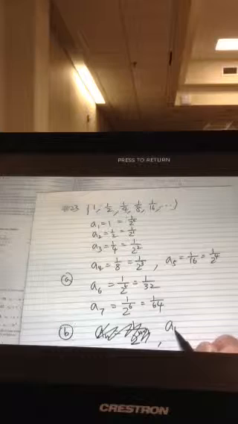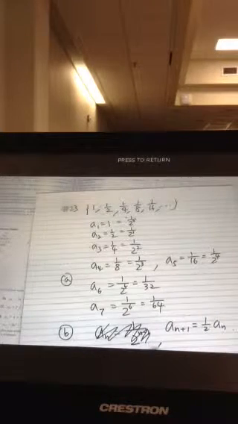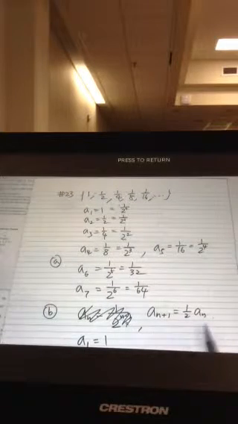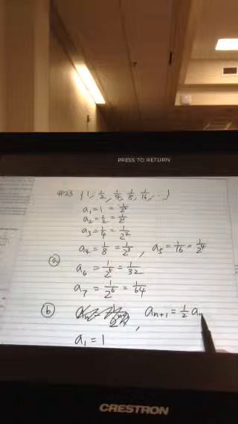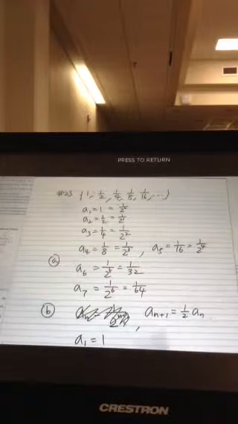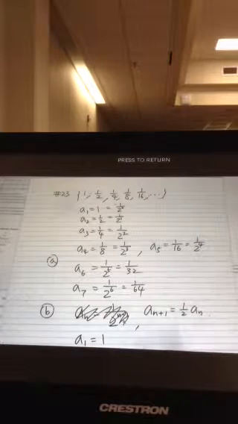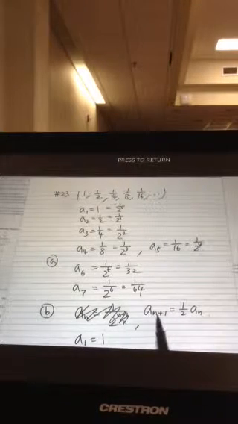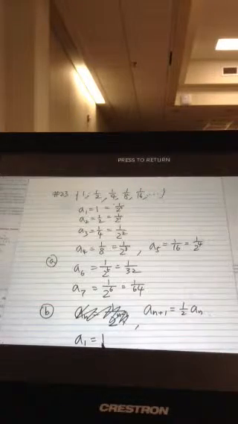So I can write it as a sub n plus 1 equals 1/2 a sub n. This is the recurrence. When n is 1, a sub 1 is 1. And for a sub 2, it is 1/2 of a1, which is 1/2.